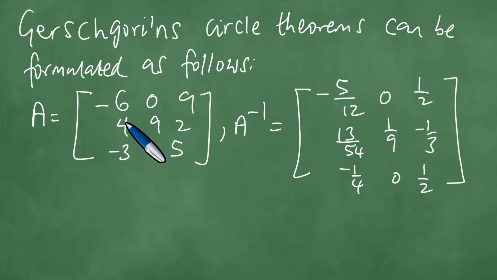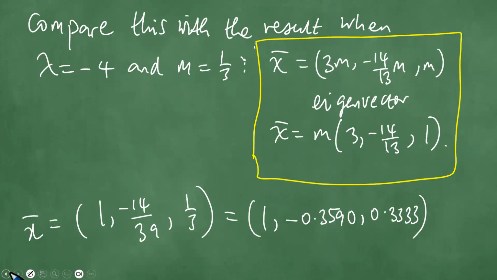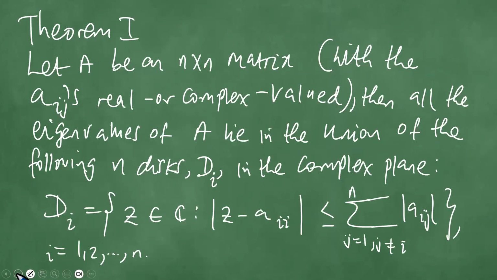Just checking on these, because the off diagonal entries here you'd have exactly a 0 and a 9. That's what you'd need according to theorem 1.